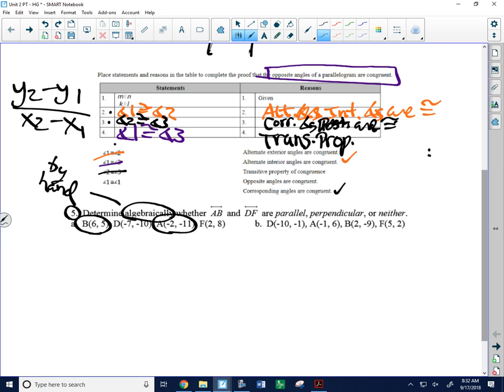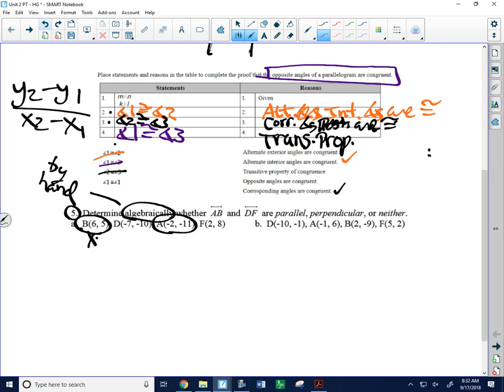I saw a lot of us either mixing up the points, like doing B and D instead of B and A. And then a lot of us did the formula as like 5 minus 6, and that's a Y minus X. You've got to get the Y terms together and then over the X terms. So I saw a decent amount of that. So really, this is one we need to make sure to work on.